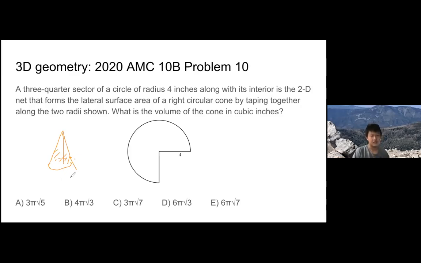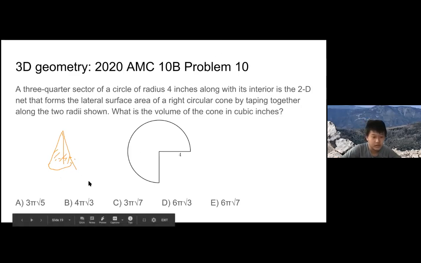Because an ice cream cone doesn't have the top covered, essentially. The radius is 4, which you can see in the diagram.